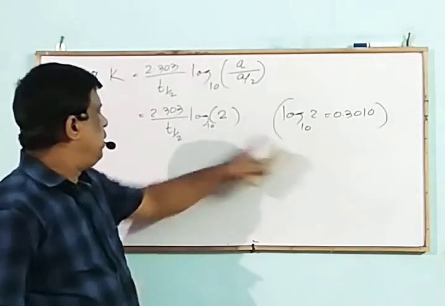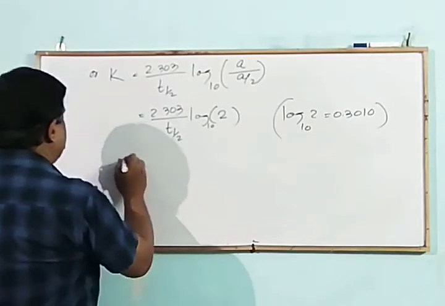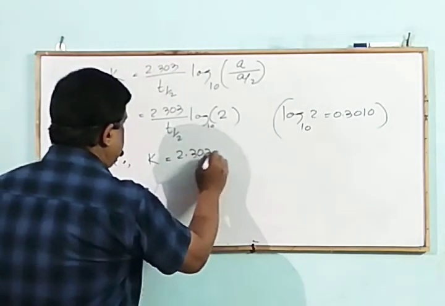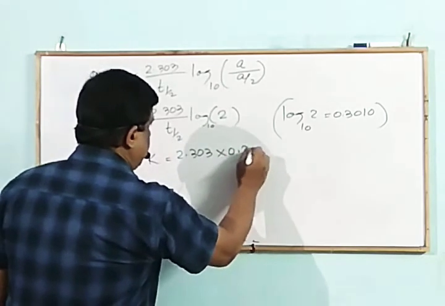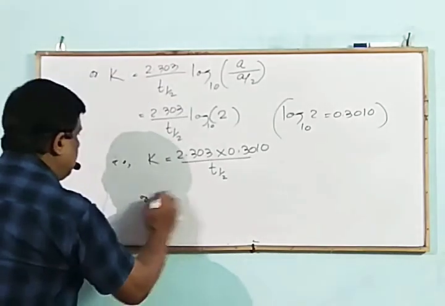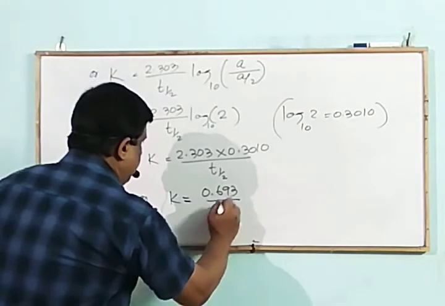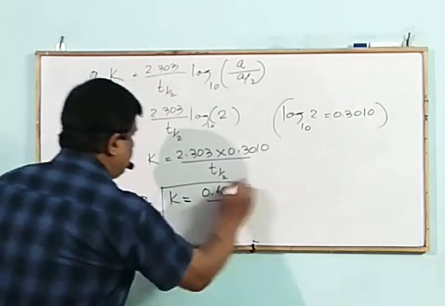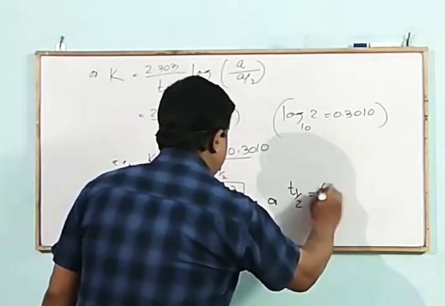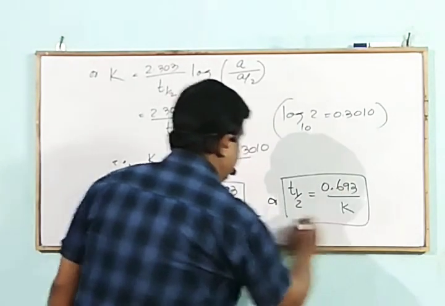By putting this value in the above equation, we have k is equal to 2.303 into 0.3010 by t half, or k is equal to 0.693 by t half, or t half is equal to 0.693 by k. Mark that.